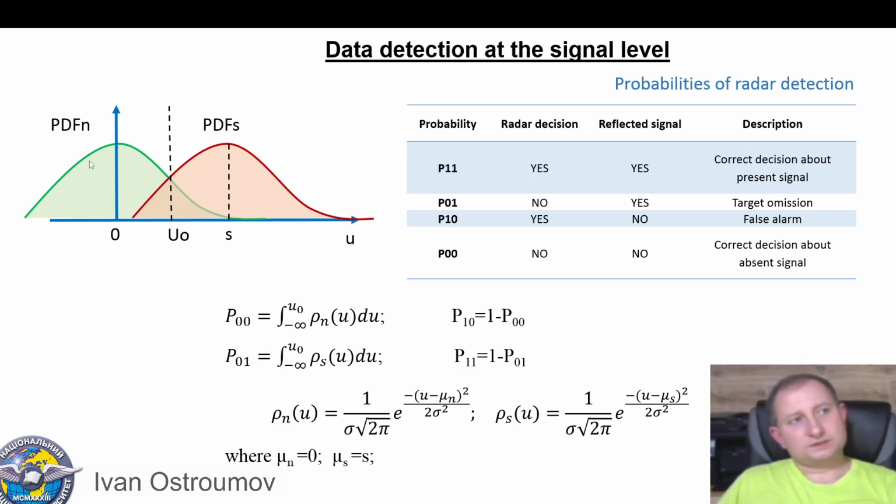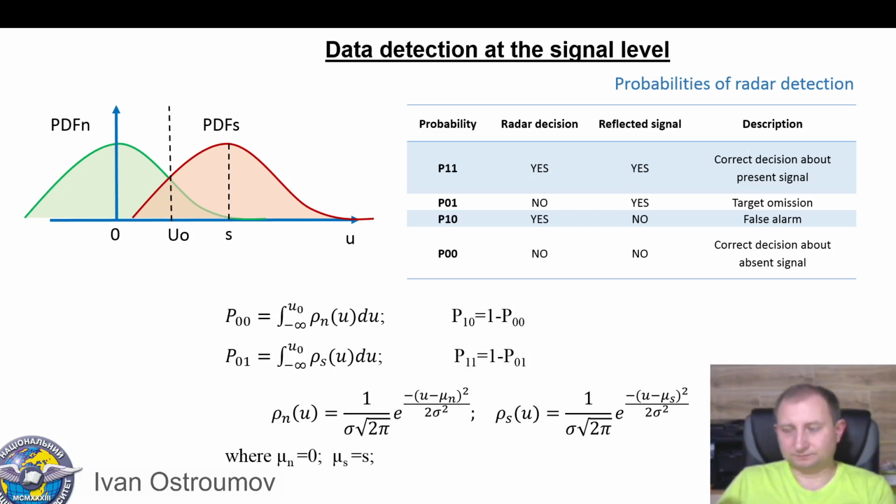Next, if we have some correct signal with level S, let it be the voltage or amplitude of our correct signal, then we can also apply a normal probability density function associated with this signal level.